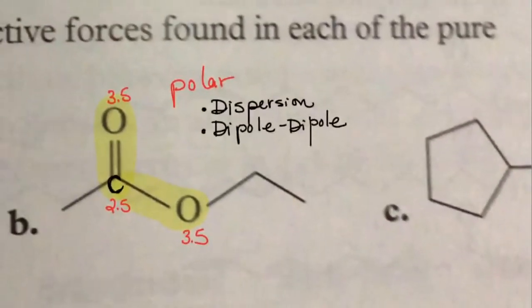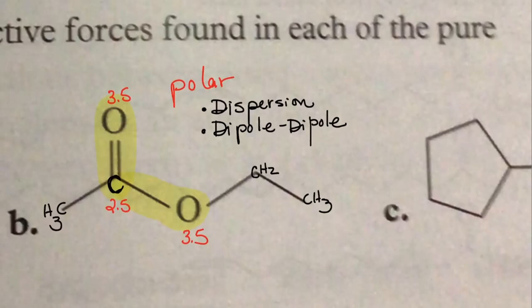In an ester, do we have a hydrogen bonded to oxygen? Yes or no? Let me write in the carbons and hydrogen. This is a CH2, this is a CH3, this is a CH3. Is hydrogen bonded to fluorine, oxygen, or nitrogen? Again, directly attached. Is any of my hydrogens?